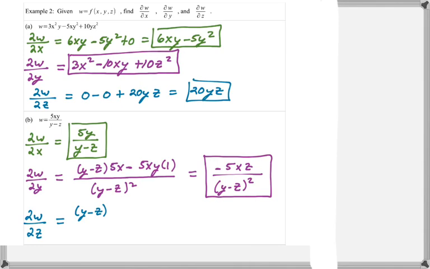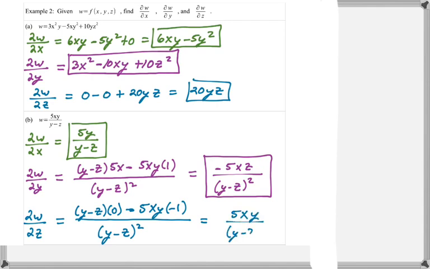The derivative of the numerator with respect to z would be 0 because there are no z's there, minus the top function 5xy times the derivative of the denominator, so the derivative of y with respect to z is going to be 0, and the derivative of negative z with respect to z is going to be minus 1, so you just have a minus 1 there, all over the denominator squared. So that's going to give us 5xy all over y minus z quantity squared. Okay, alrighty, let's look at example C.